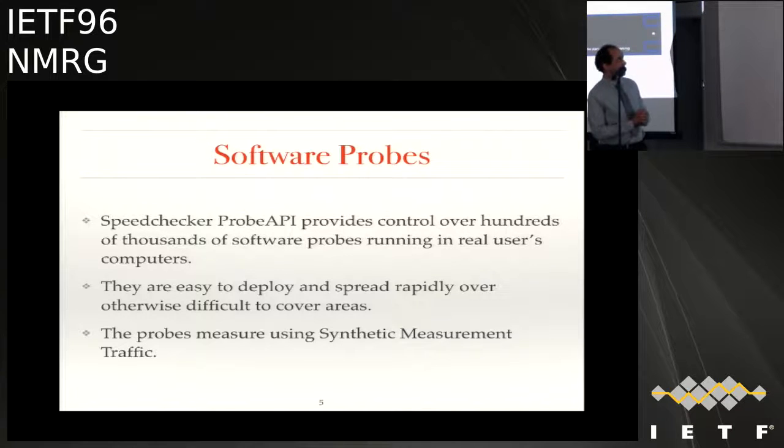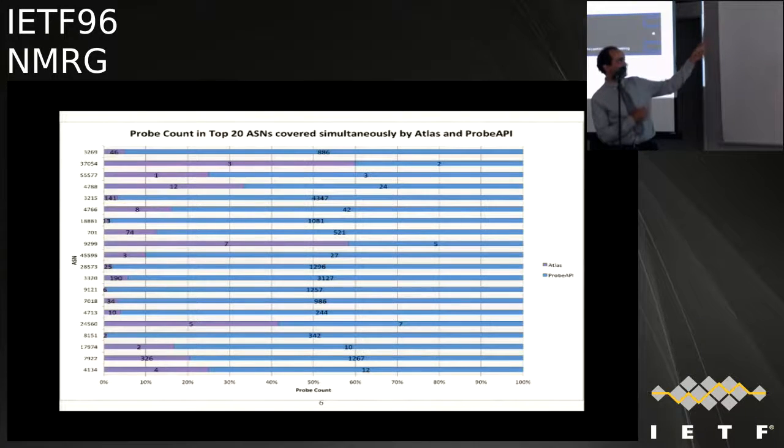So we can see in this graph a little comparison between Atlas and Probe API. Atlas is the lilac color to the left, and these are different ASNs. The vertical lines are just different ASNs we chose to compare, and they're highly populated ASNs in terms of users, but not all of them are very well covered by either Atlas or Probe API.